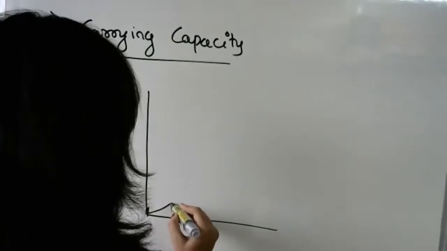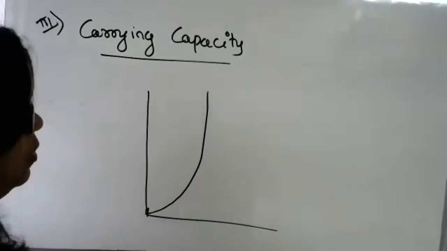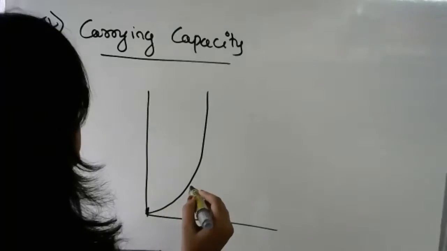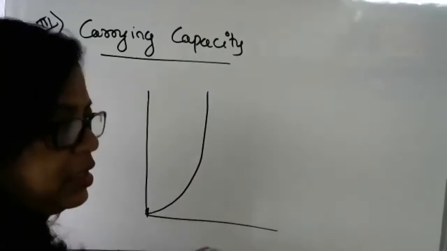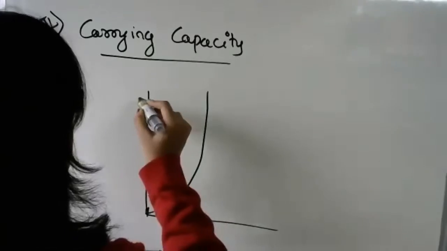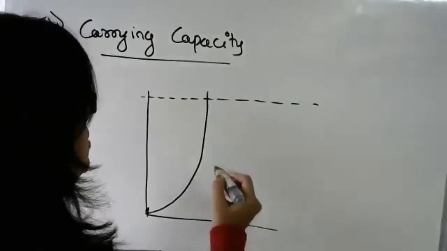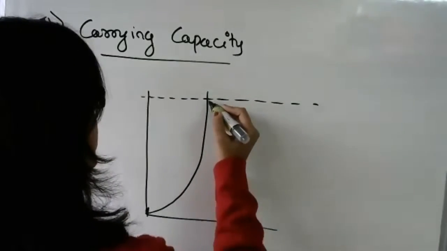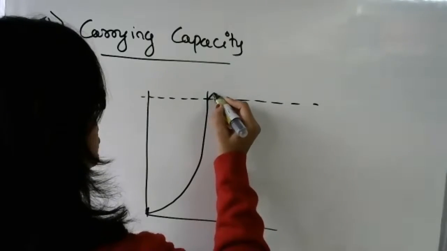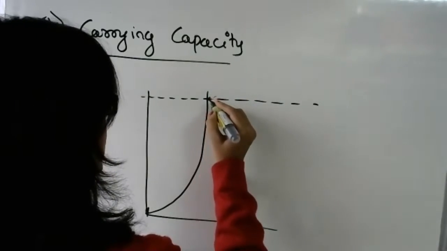Suddenly the environment is so good, they are multiplying like this, following the logistic growth curve. They could grow like this and completely cover the whole area. But after a certain growth, the environment brings certain checkpoints where it will stop the growth like this.